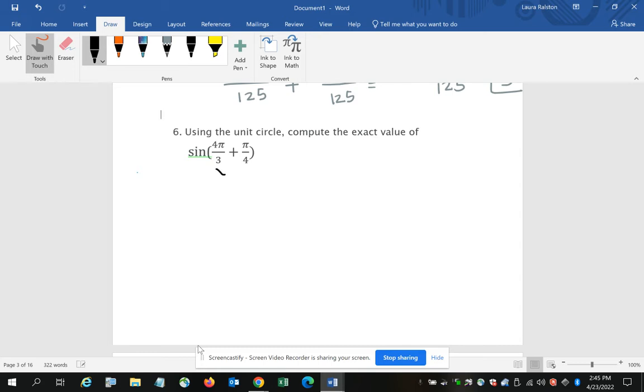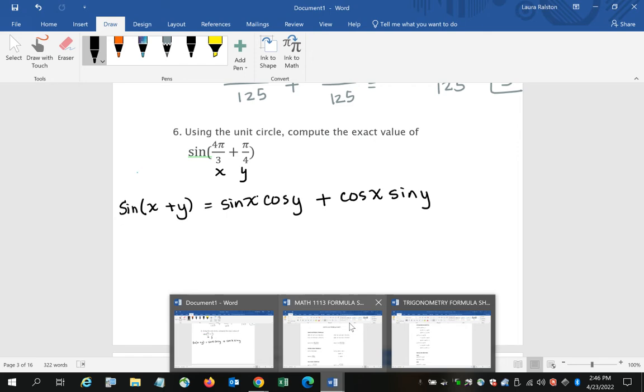Okay, so you can call it A and B or X and Y. So the sine of X plus Y would be the sine of X cosine Y plus cosine X sine Y. And we're going to get these numbers from the unit circle.